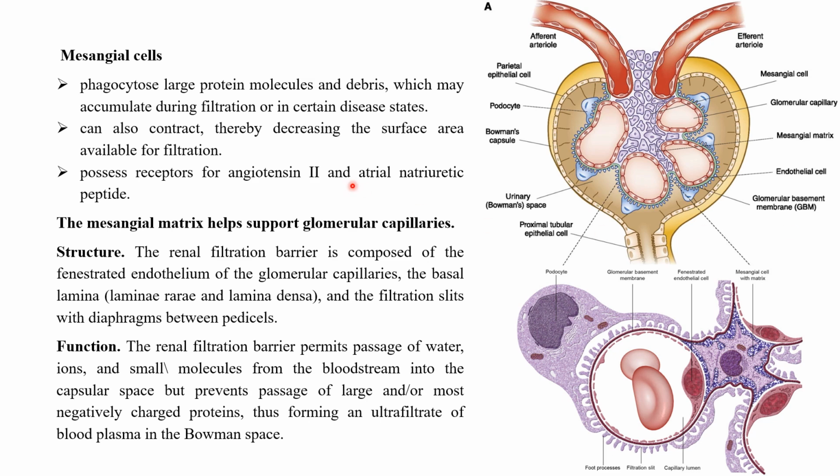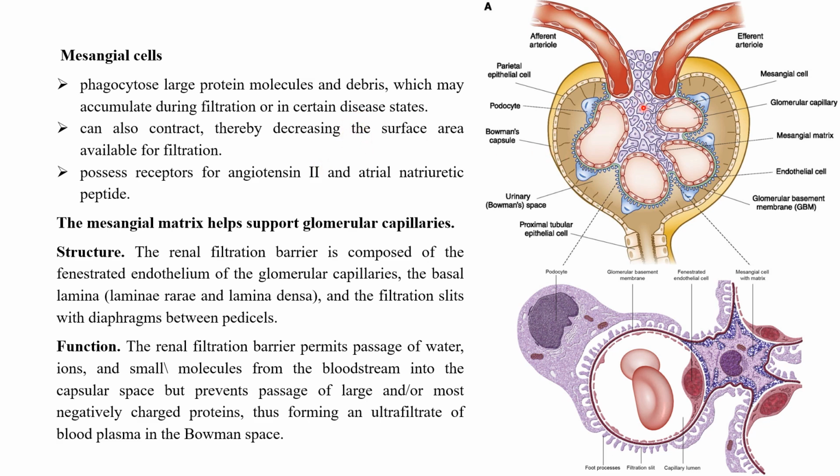The mesangial cells phagocytose large protein molecules and debris which may accumulate during the filtration or in certain disease states. They can also contract, thereby decreasing the surface area available for filtration.